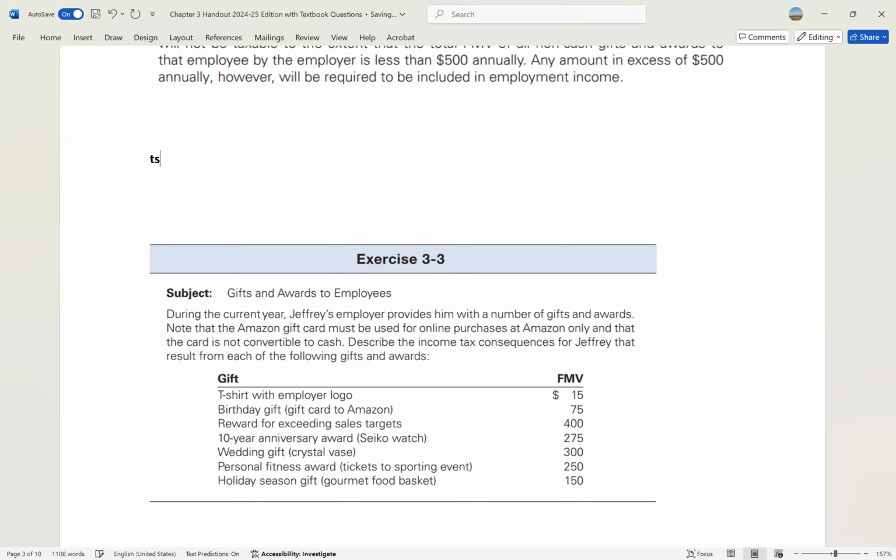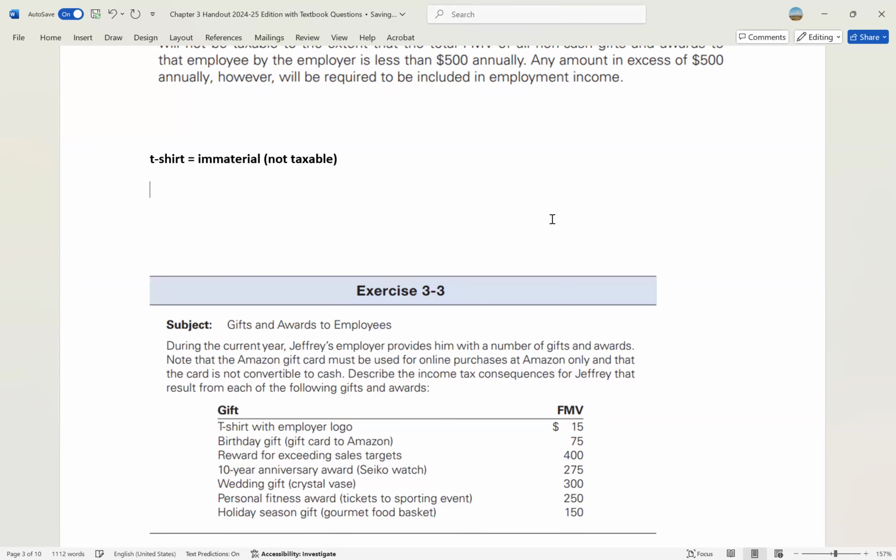So let's start with the t-shirt. What did we say about the t-shirt? If you remember, we said that this would be considered immaterial, so not taxable. That's fairly straightforward. The birthday gift, the gift card from Amazon. Because it can only be used for online purchases, it cannot be converted into cash.